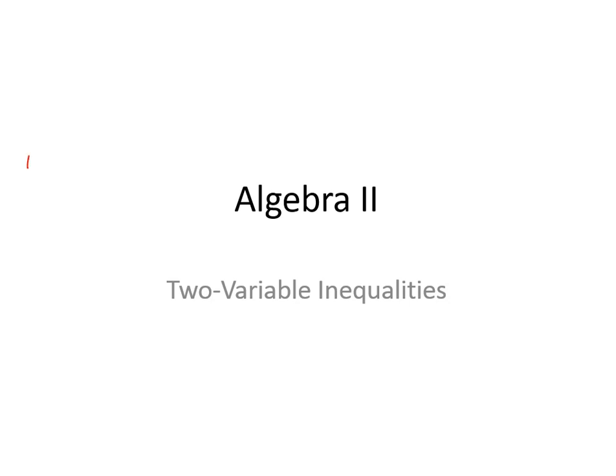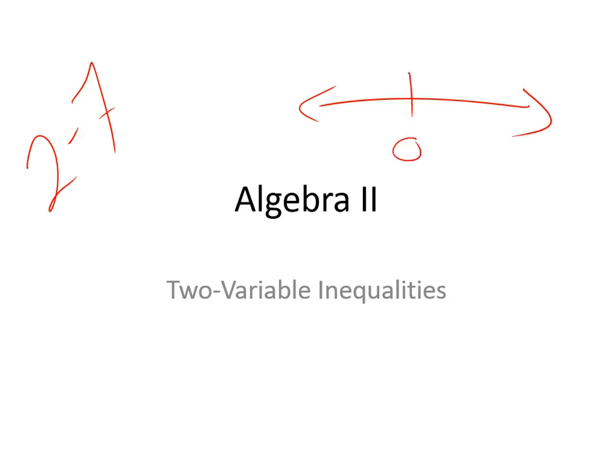Alright, so this is the last section in this chapter, section 2.7, and what we're going to be looking at is two variable inequalities, which is expanding on what we did with inequalities previously. If you remember, before when we would graph them, they would be on a number line, and we would say which direction they're going based on just a normal number line.